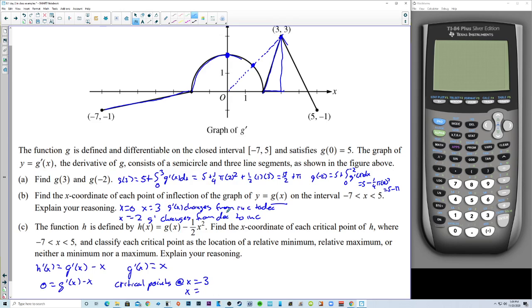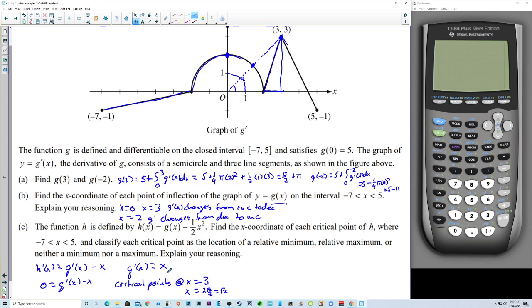But then what about this other one? Well, that's a 45-degree angle. So if we were on the unit circle, that point would be square root of 2 over 2, square root of 2 over 2. So this one just happens to be 2 times the square root of 2 over 2 because the radius is 2. Well, those cancel out, so x is equal to square root of 2. So we have critical points of 3 and square root of 2.